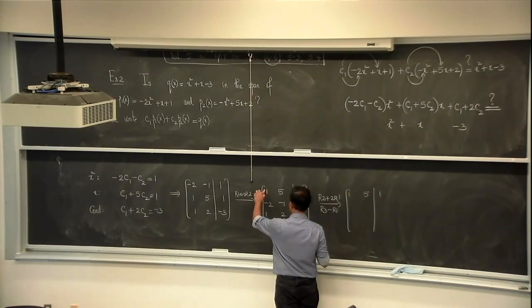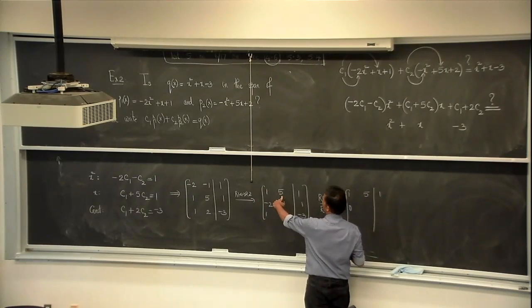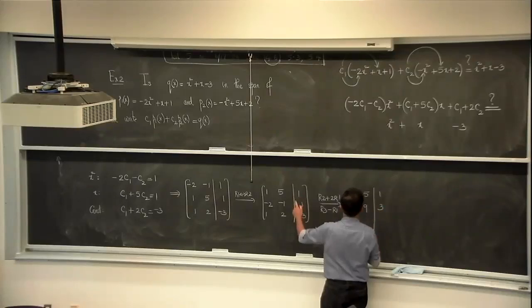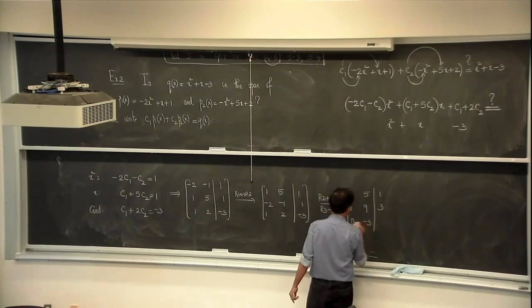R2 plus 2R1 is 0, 9, 3, and this will give you 0, negative 3, negative 4. Okay.